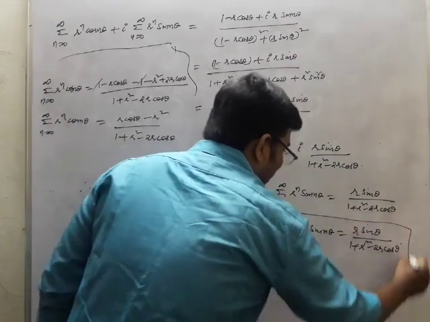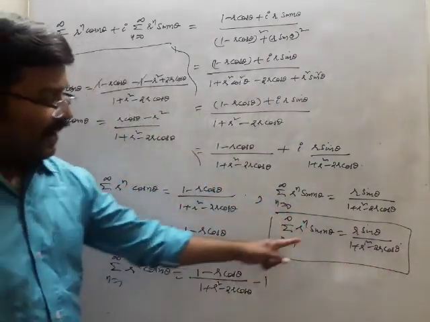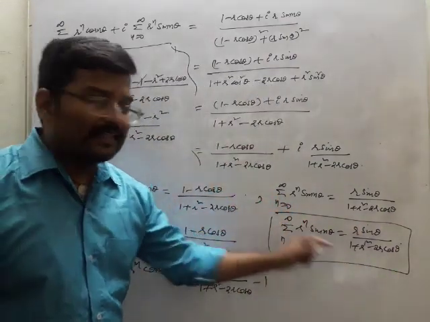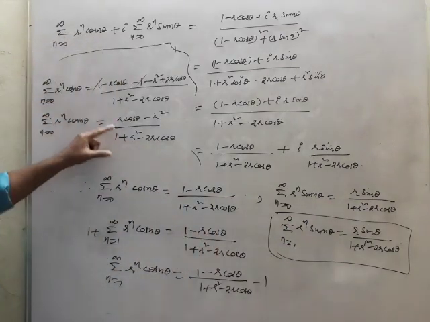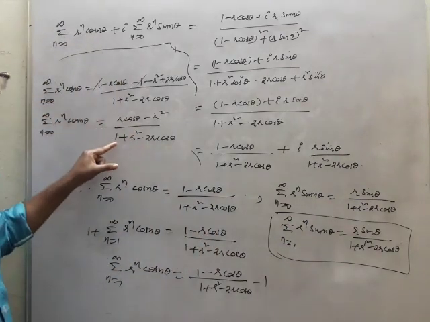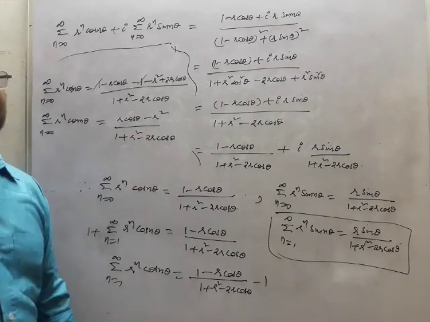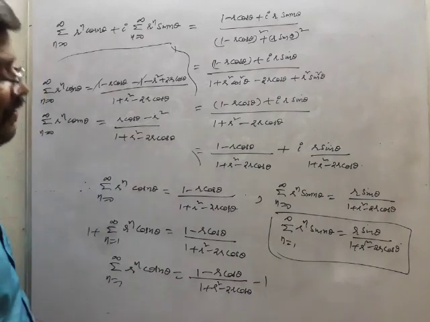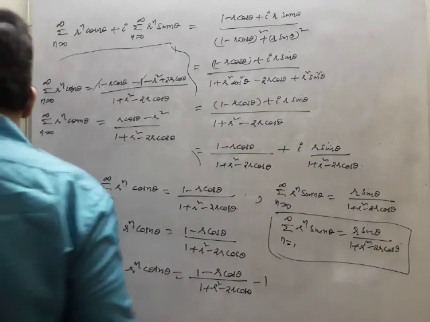So you will be getting the same value. So for the sine series the value is as it is, and for the cosine series with n = 1 onwards you get (r cos θ − r²) by (1 + r² − 2r cos θ). So this is the value for the problem which is given.